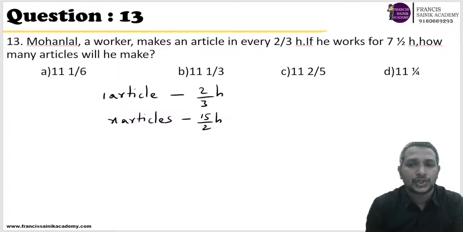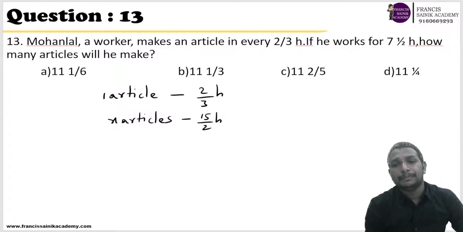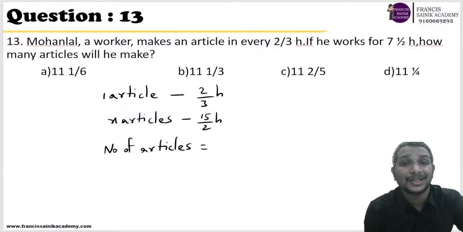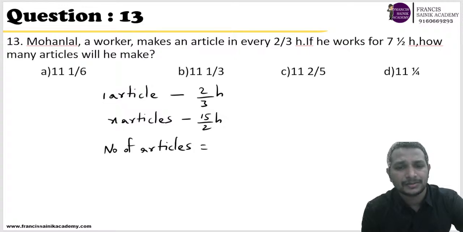So one article is prepared in 2/3 hours. The number of articles in 7.5 hours equals 15/2 divided by 2/3, the direct method.